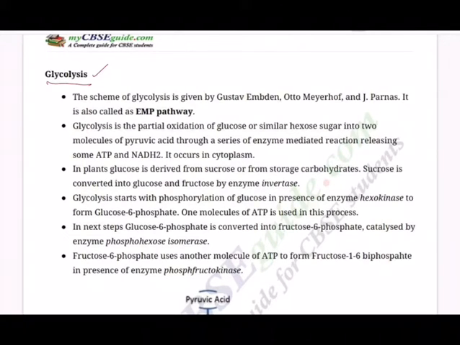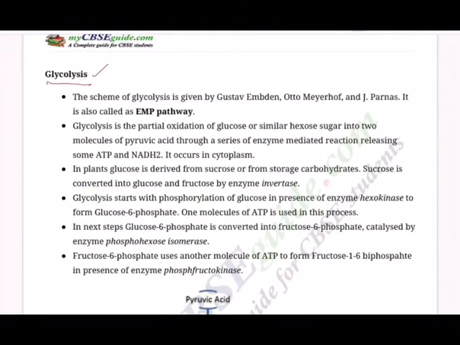Glucose 6-phosphate then becomes fructose 6-phosphate. Again an ATP molecule is spent and ADP and inorganic phosphate are formed. That means in the first 2 steps of glycolysis, 2 ATP molecules are spent. So keep remembering this, 2 ATPs are spent.